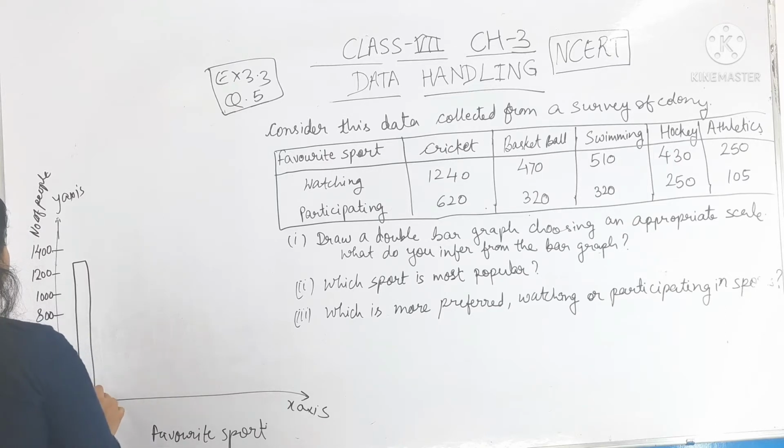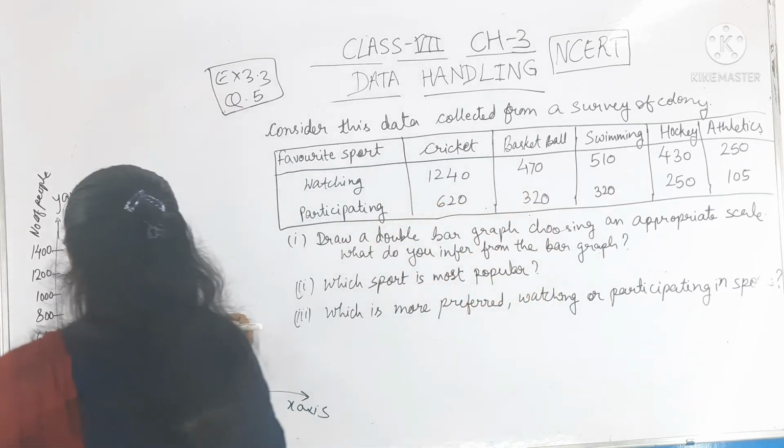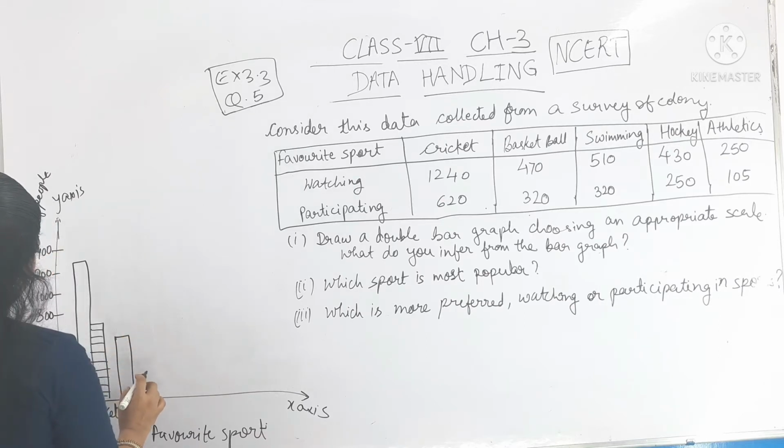This is the double bar graph, watching and participating. This is for cricket. Then basketball 470, so above 400 we have to draw this, and 320. This is somewhere between 200 and 400.